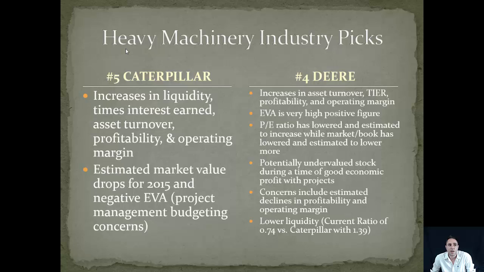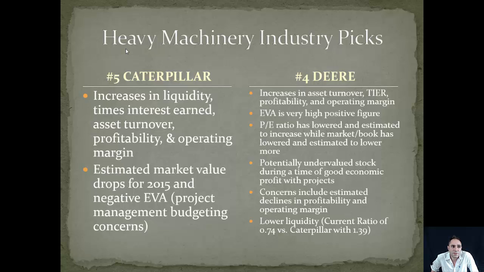budgeting concerns there. With John Deere actually I think pretty highly of this company. I did put it in the number 4 spot, specifically because it does have the increases to asset turnover, times interest earned, profitability, and operating margin, and the EVA is a very high positive number.